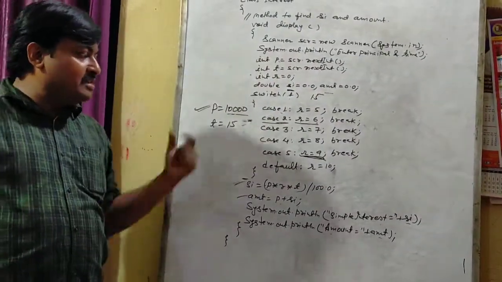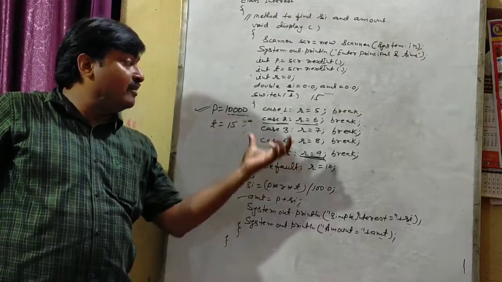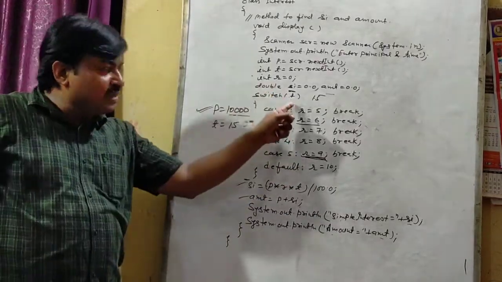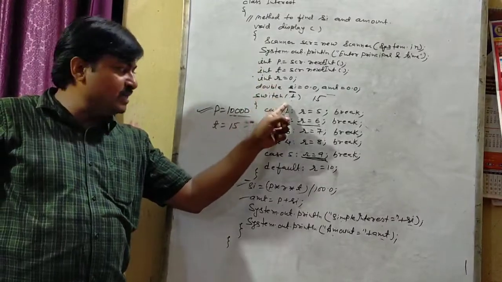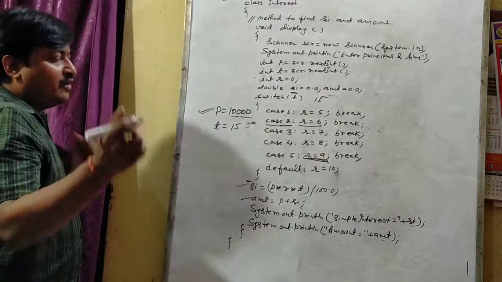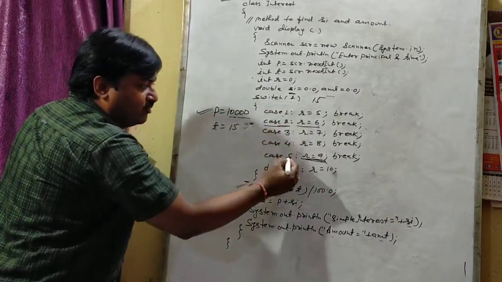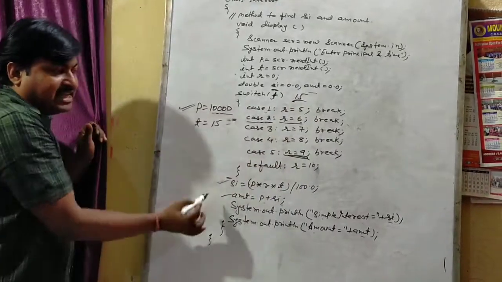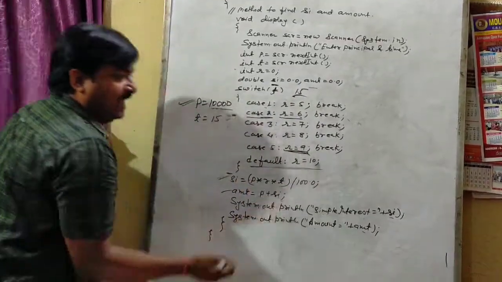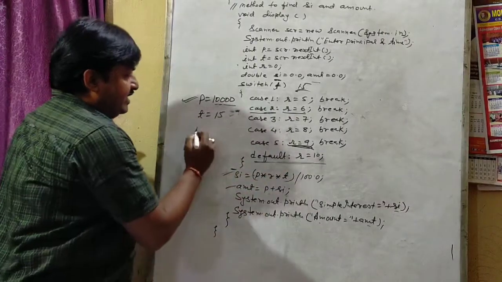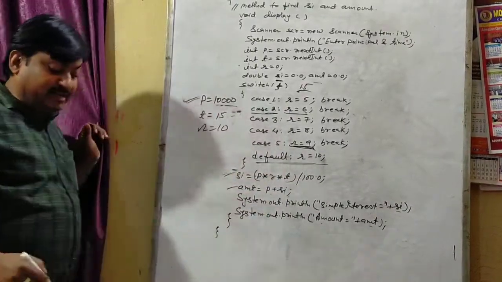So this time what happens? The default will execute when none of the case constants match the value of the switch expression. So this time case numbers 1 to 5 will not match with the value of the switch expression, that is 15. This time the default will execute, and in default the rate is given as 10%.